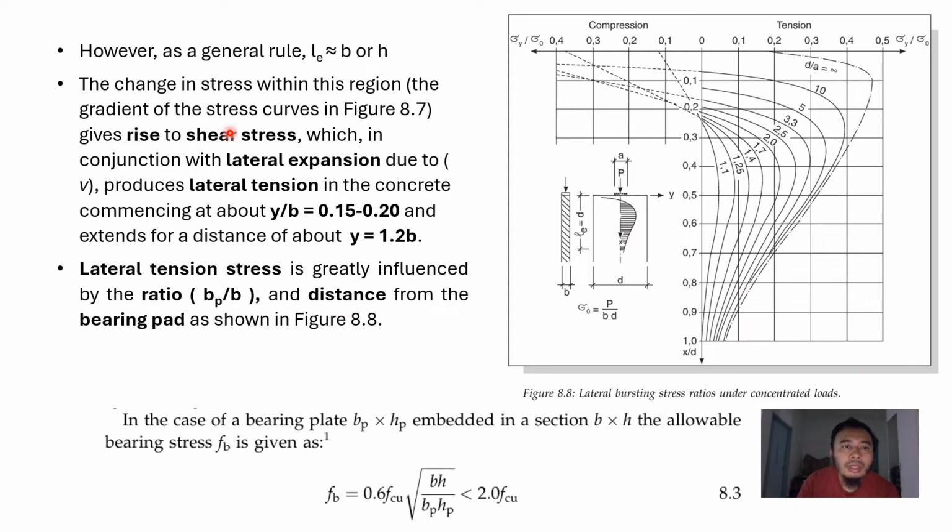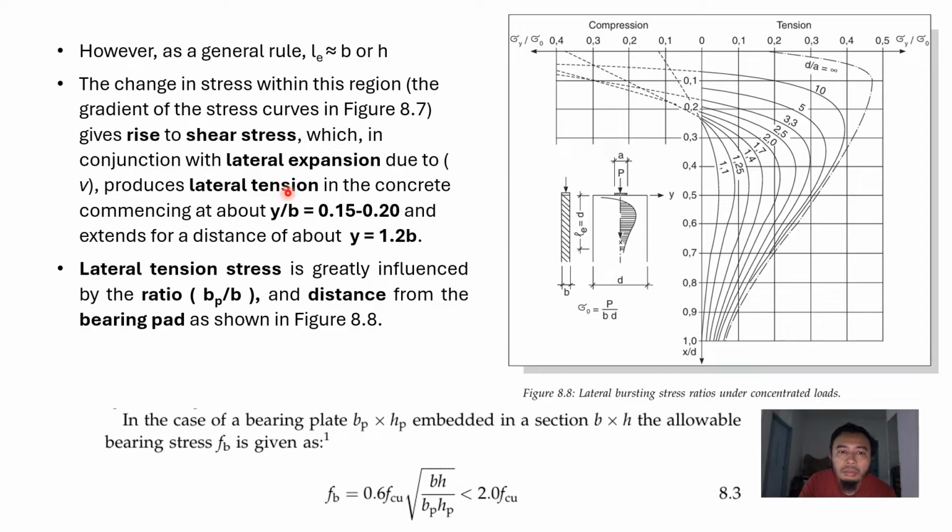It also causes lateral expansion due to the trajectory of forces, which depends on the Poisson ratio of the concrete, and produces lateral tension in the concrete, commencing at about Y over B of 0.15 to 0.2.